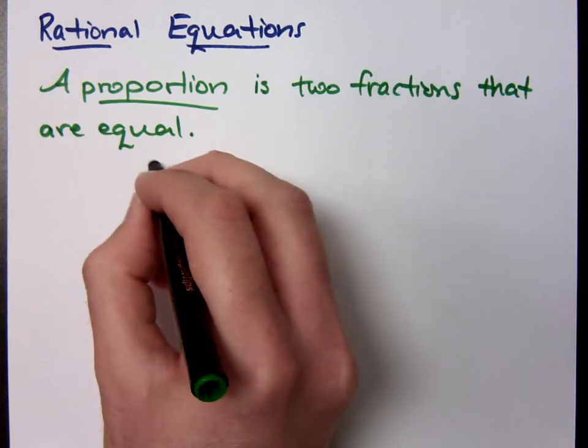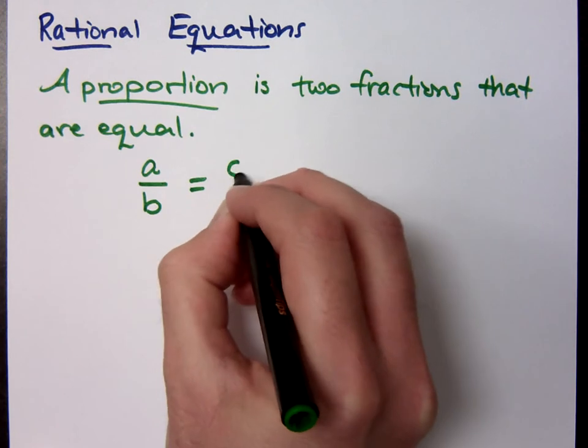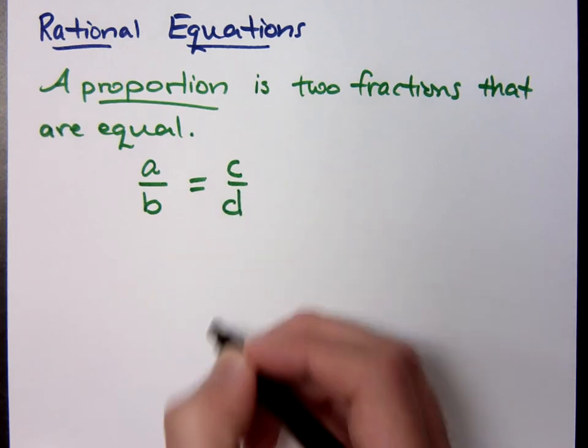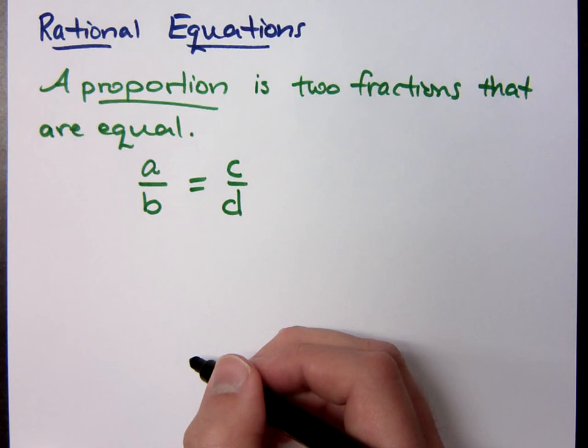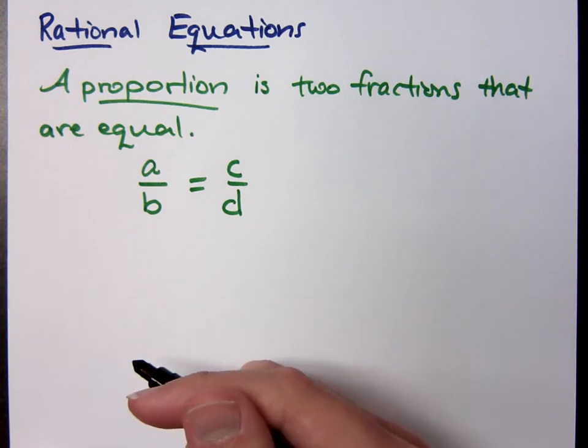So you would see something of this form: one fraction is equal to another one, A over B is equal to C over D. Okay, that's what a proportion is. A proportion basically is two equivalent fractions.